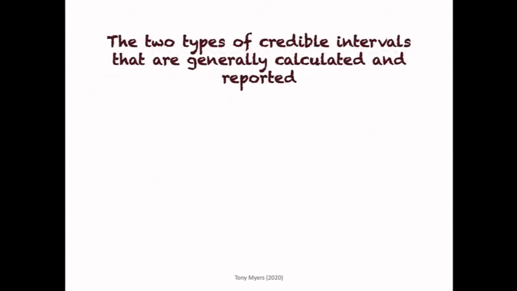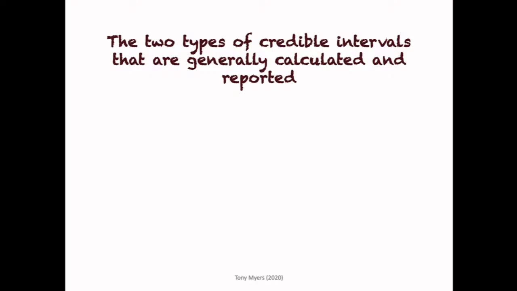Now for the symmetrical posterior distribution we just looked at, the two types of credible interval I'm going to talk about now would be exactly the same. So we have exactly the same values calculated in any of the credible intervals that we calculated. However, that's not the case for skewed distributions, as we'll have a look at in a moment.